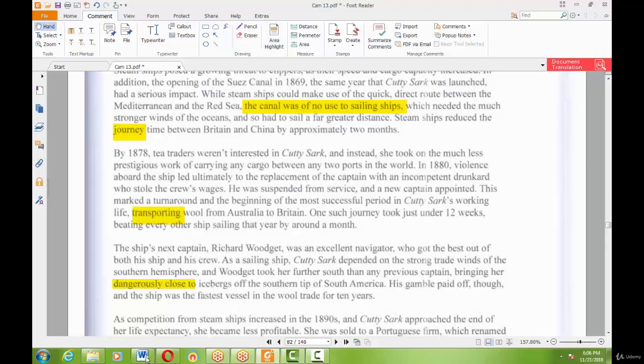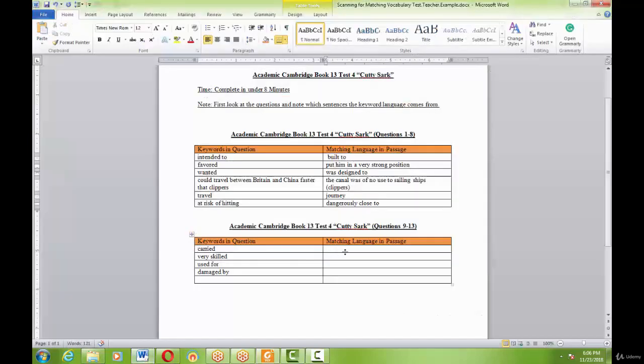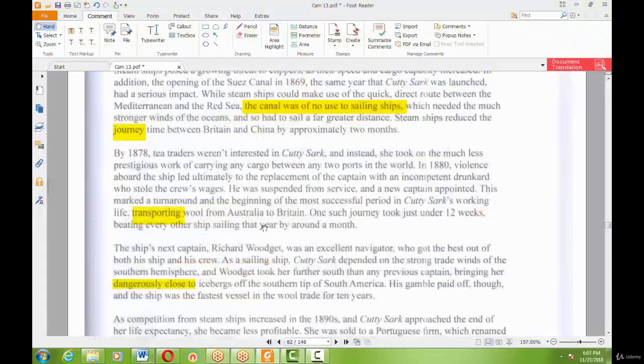Transporting. All right, and so we can immediately find our answer for that one. Next, very skilled. Here was the captain, right? And was an excellent navigator. Excellent is a synonym for very skilled. I told you it connected to the language.